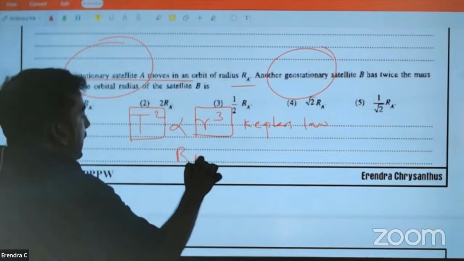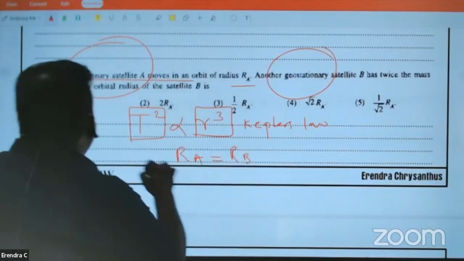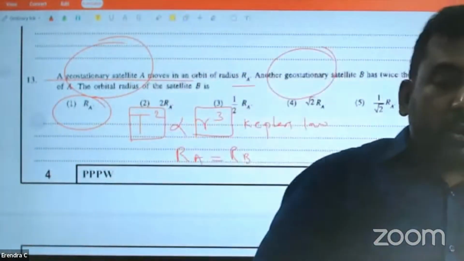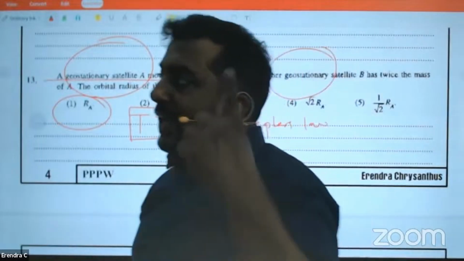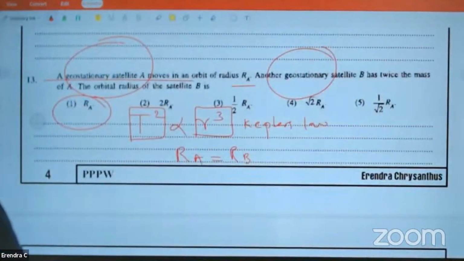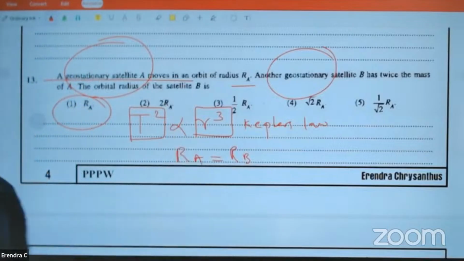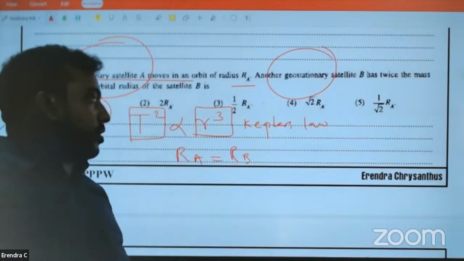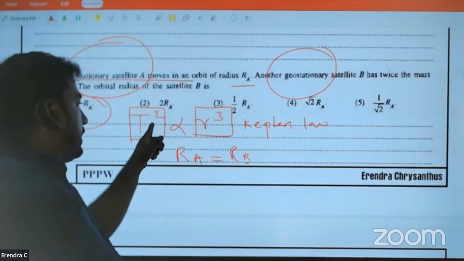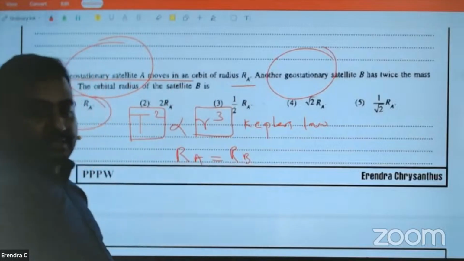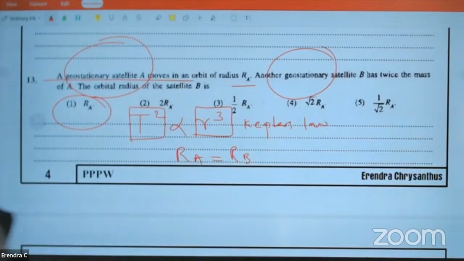So technically, RA equals RB. A geostationary satellite has a single periodic time. According to Kepler's law, there should be only one orbit radius for a geostationary satellite.